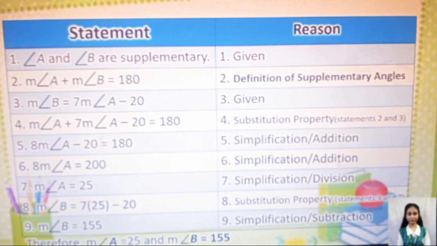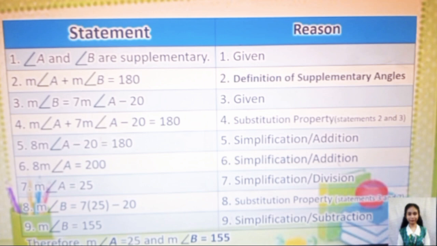That is through simplification by addition. 7, measure of angle A equals 25, simplification by division. Then 8, measure of angle B is equal to 7 quantity 25 minus 20, substitution property using statements 3 and 7.